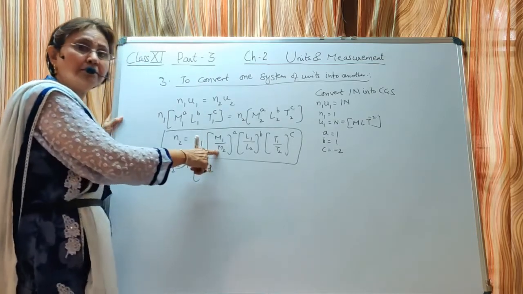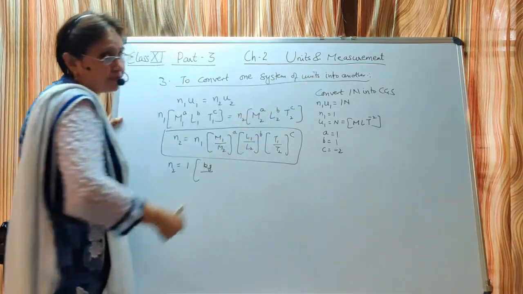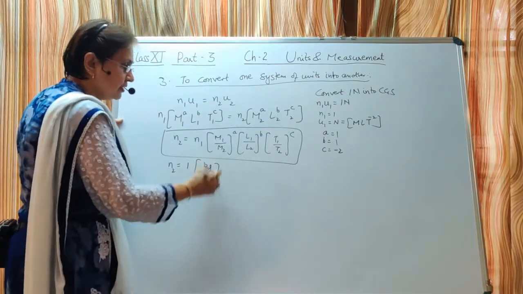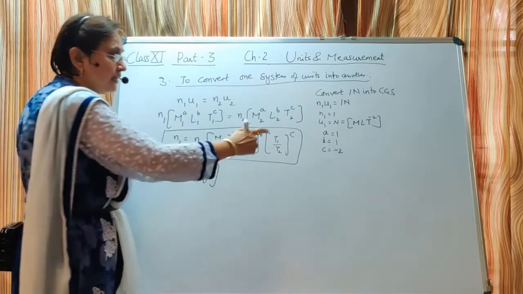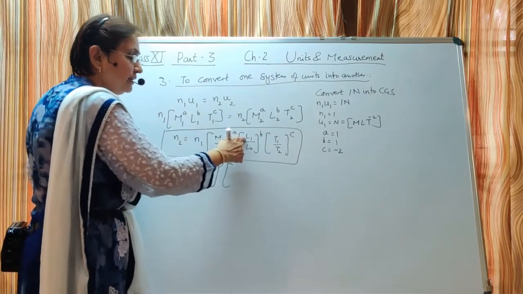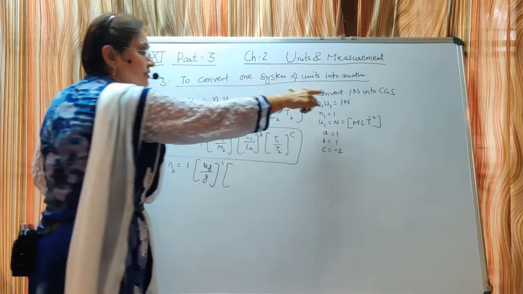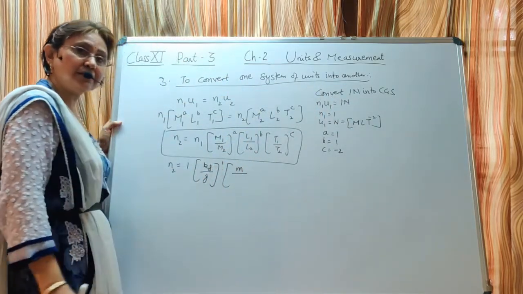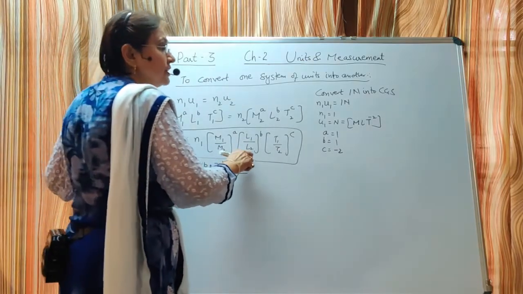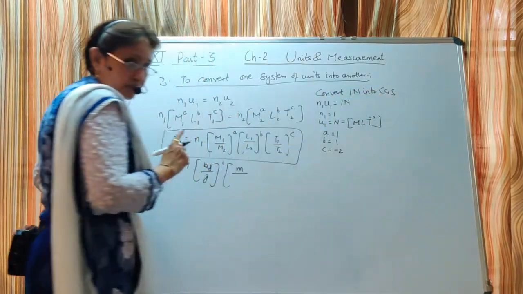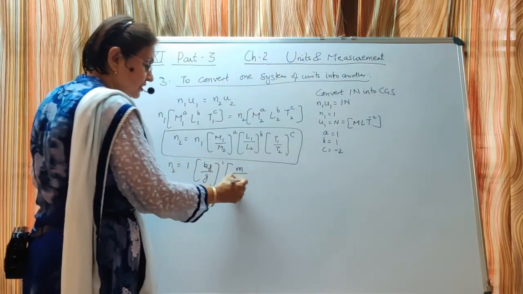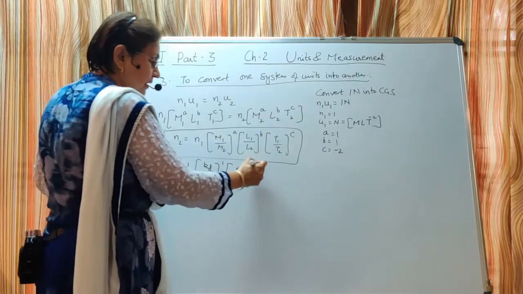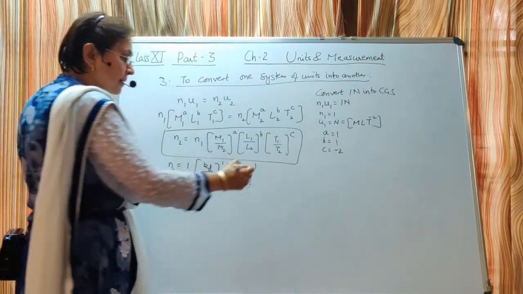M2 is the mass in the system in which we have to find out, and in the CGS system the mass is in grams, raised to the power A, which here is 1. L1 is the length in the SI system, and we know that in the SI system the length is measured in meters. L2 is the length in the CGS system, the second system, where the length is measured in centimeters, raised to the power B. B again here is 1.